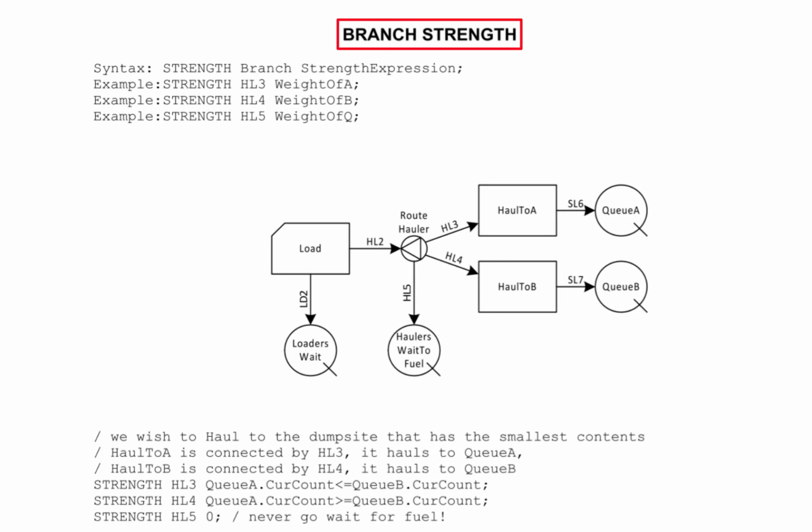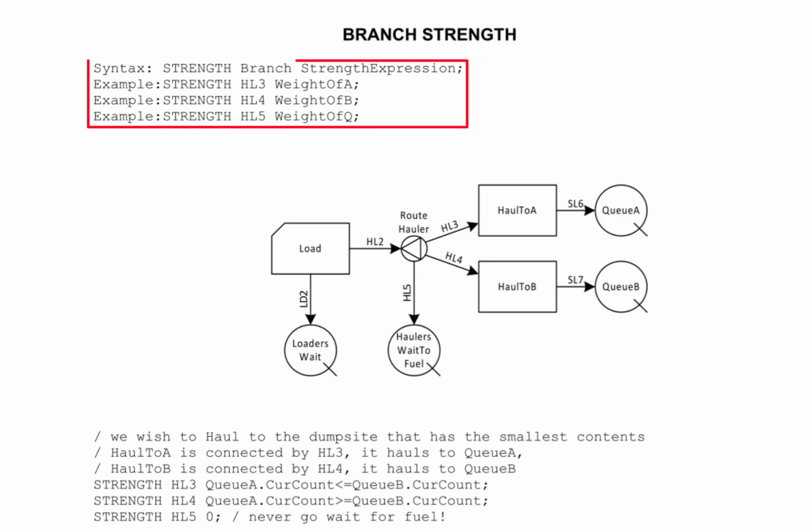The selection of which branch to follow out of a fork or a Dynafork is determined by the strength attribute of the outgoing links. As mentioned earlier, the default strength attribute has the value 1. This can be changed with the strength statement that takes as an argument the name of the link followed by an expression that gives the strength for that link.